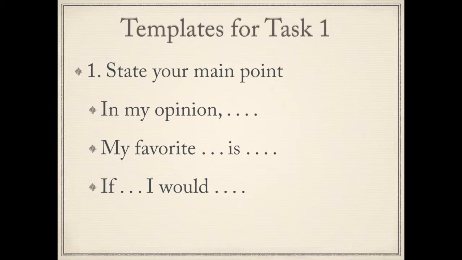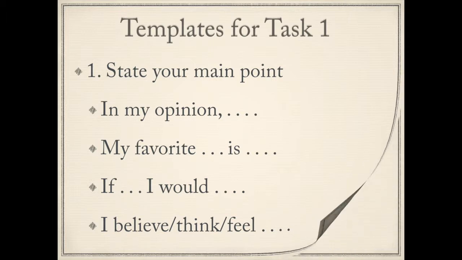Don't build up toward it. Start from your main point. So my favorite film is, my favorite movie is, my favorite place to visit, my favorite city, whatever. Or sometimes if you could be someone, who would you be, etc. There are different kinds of questions here in task 1. Choose one and practice different possibilities. Okay, so these should help you build the first sentence.